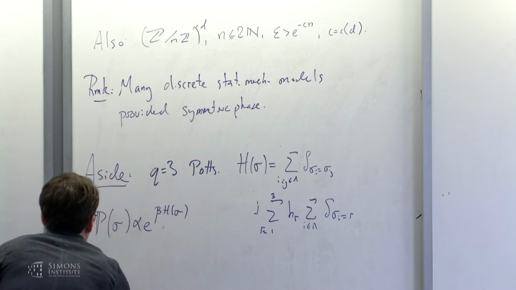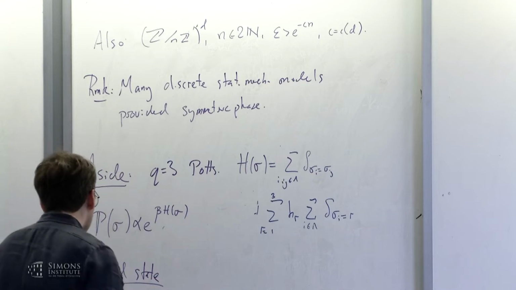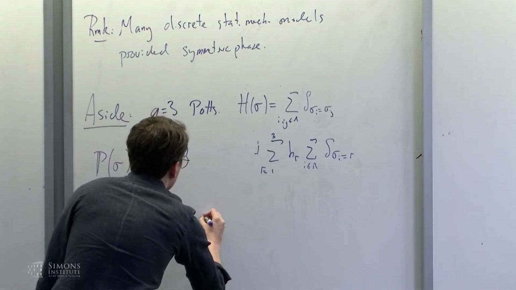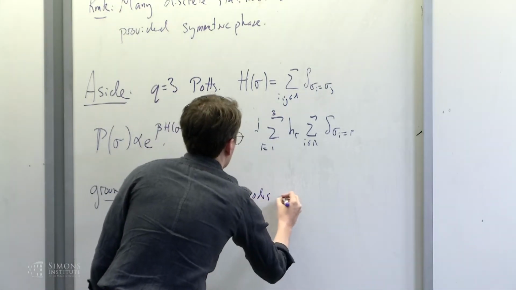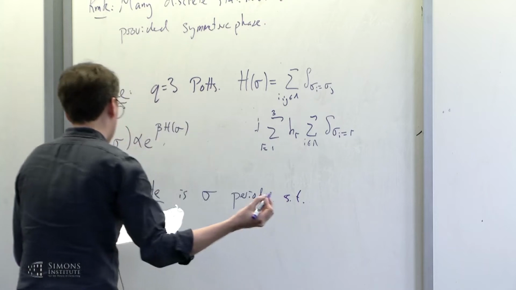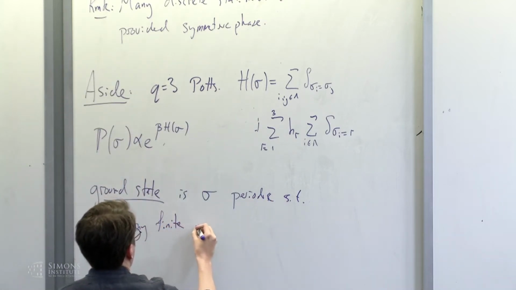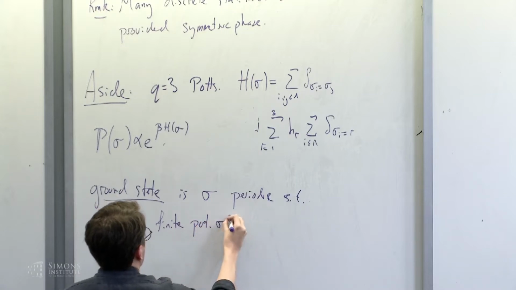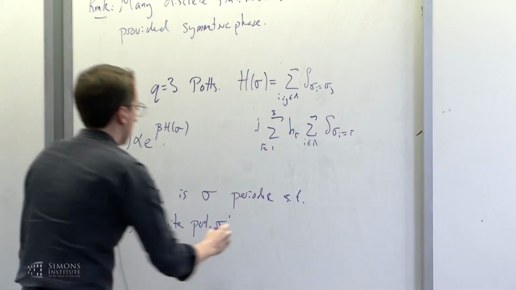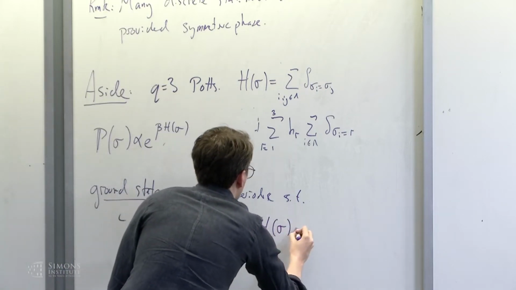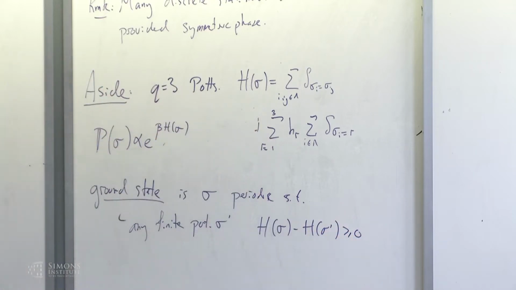So the important definition is of a ground state. This is a periodic ground state. So this is a coloring that's periodic, such that for any finite perturbation, so this just means another coloring that only differs from sigma in finitely many coordinates, I only decrease the energy.